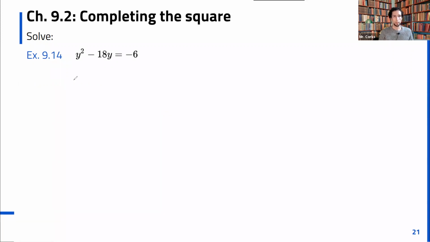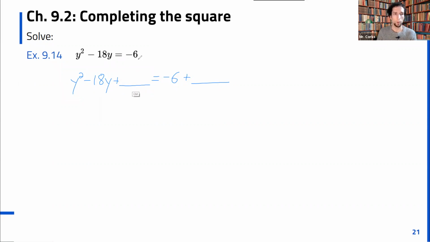All right, completing the square method again. You want y squared minus 18y, and then plus something here will equal negative 6, and then we'll have to also add that same thing. So this is the square that we are trying to complete.